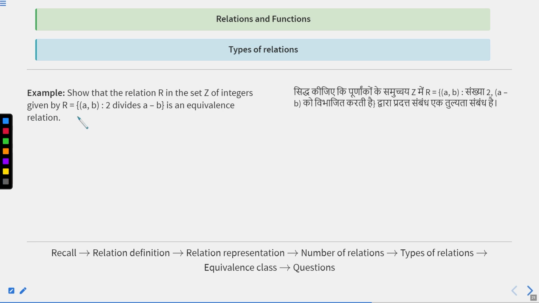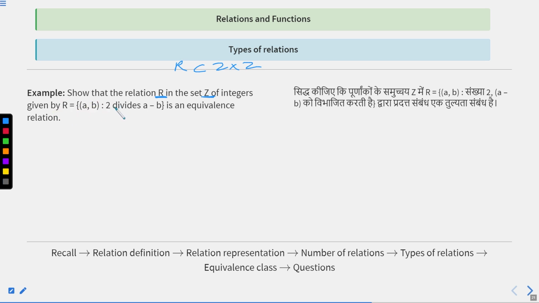Now in this example, we need to show that the given relation R is on the set of integers. So R must be a subset of Z cross Z. The relation is given by the collection of all (a, b) such that 2 divides a minus b.